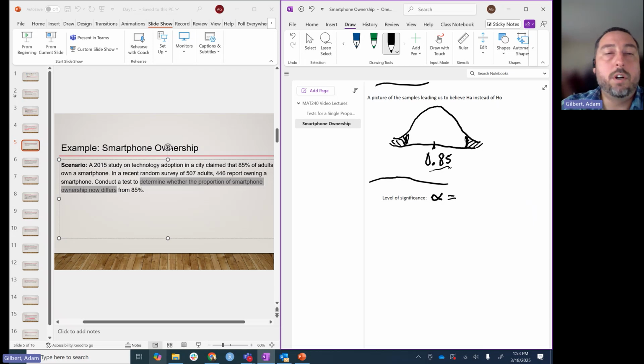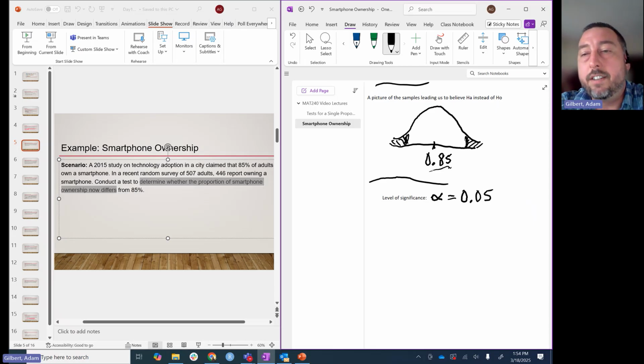Here we're not told to use a particular level of significance. What I've said for our class is that if we don't see a level of significance, we'll use 5%. So we'll set alpha here to 5%, like 0.05.